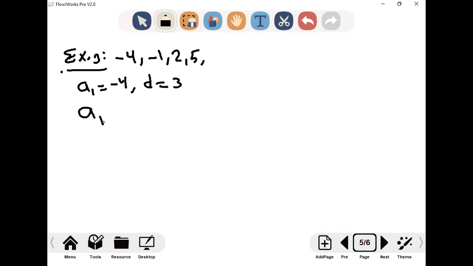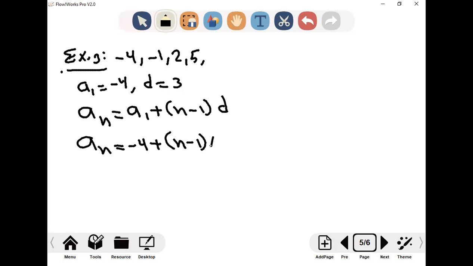I can make my equation. I write the formula: an equals a1 plus n minus 1 multiplied by d. Now substitute. a1 is negative 4, plus n minus 1, keep it, multiplied by d, which is 3. Now simplify it. Now what?